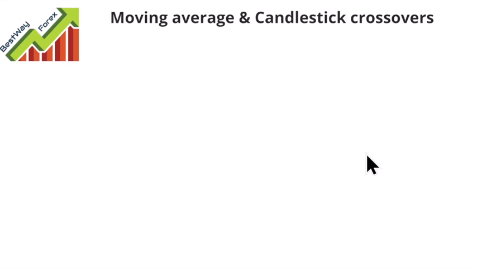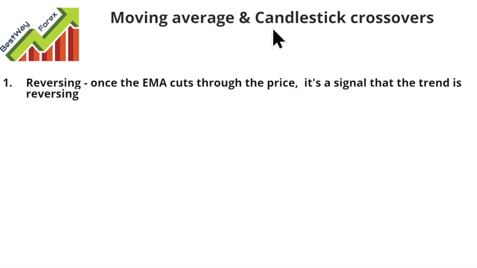So the first one we will talk about is the candlestick crossover, and then we will take the example of the normal moving average crossover when they cross each other. First, the crossover: once the EMA cuts through the price, it is a signal that the trend is reversing.